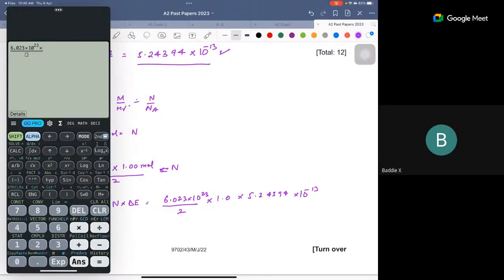Times 5.24394. Okay, very big values, got to be careful.